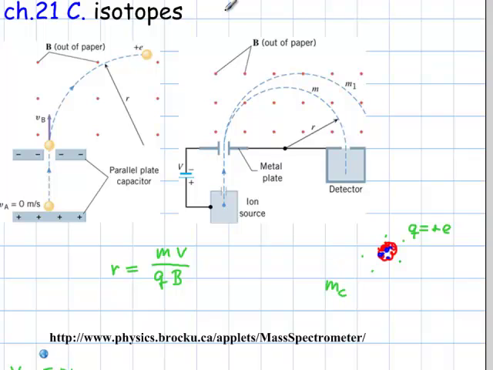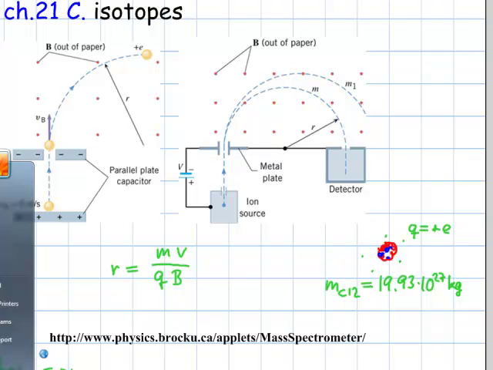Carbon 12, which is given as 19.93 times 10 to the negative 27 kilograms. So they just throw this at us. However, let me show you where that actually comes from.